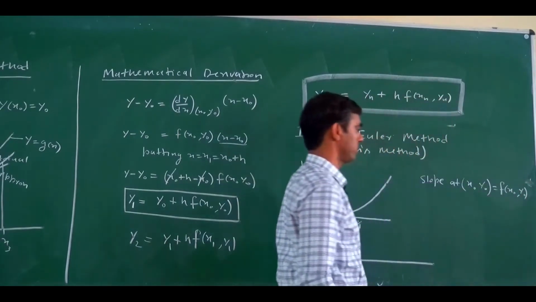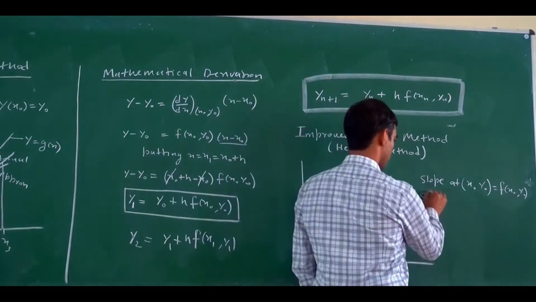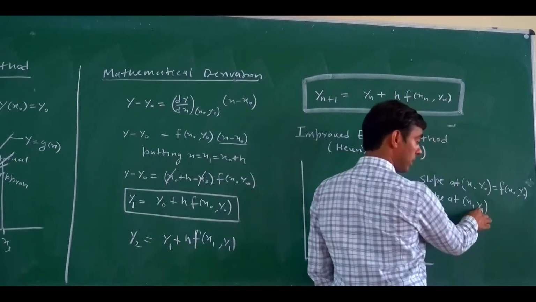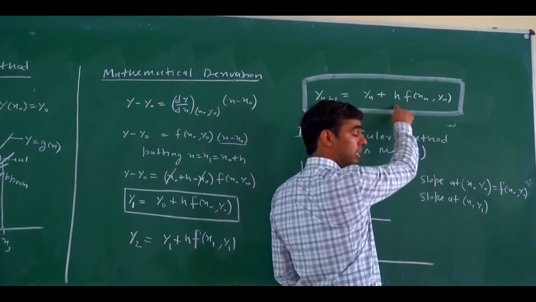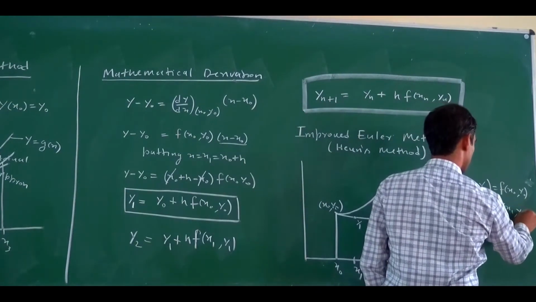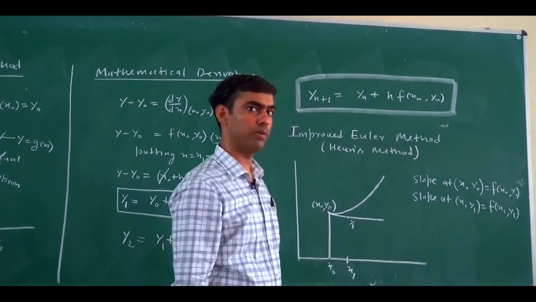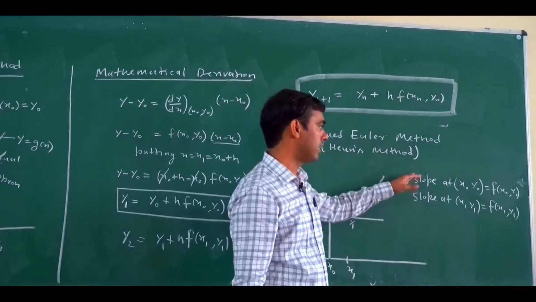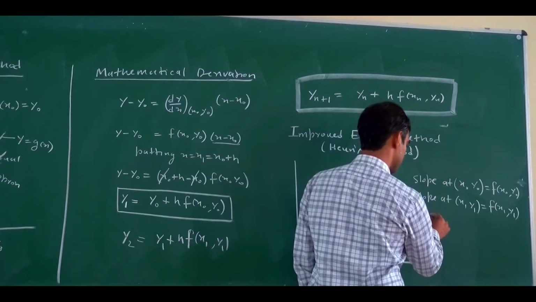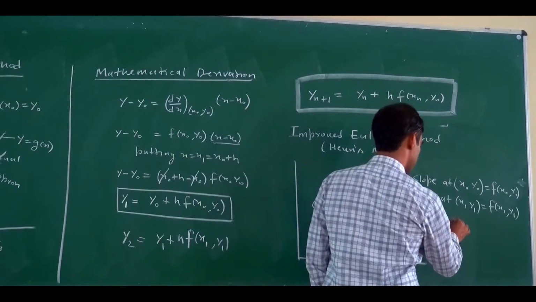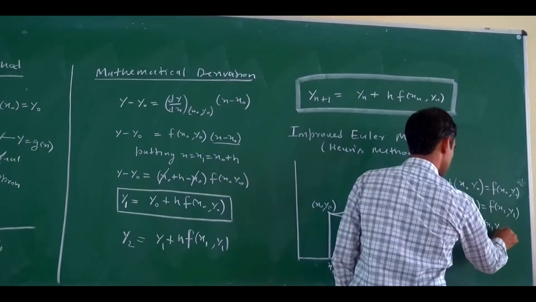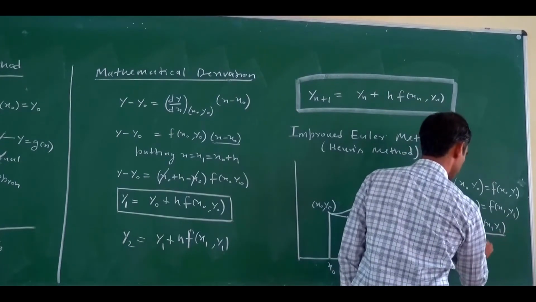The slope at (x1, y1), where y1 can be found with the help of the Euler method, is f of (x1, y1). The average of these two slopes is [f(x0, y0) plus f(x1, y1)] divided by 2.